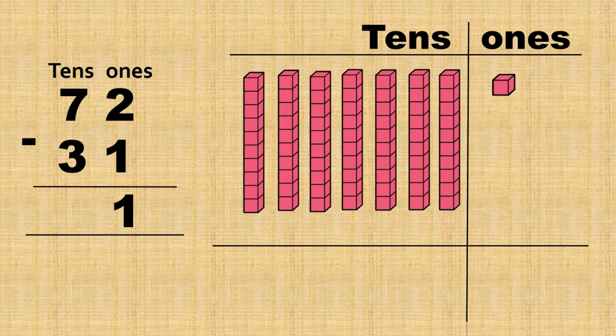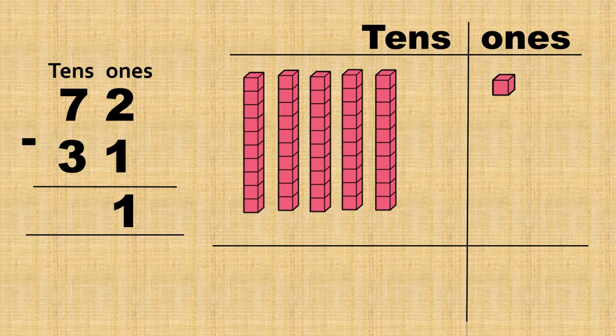Let's move to the tens place. We must subtract 3 from 7. So let's take away 3 tens block from 7 tens block. 1, 2, 3. So we are left with 4 tens block.